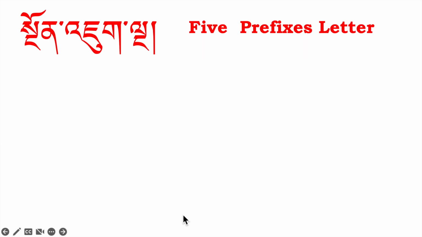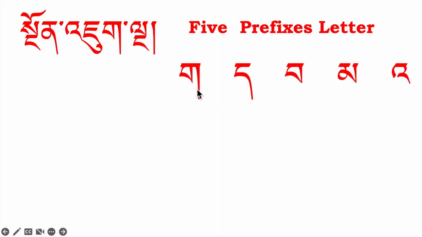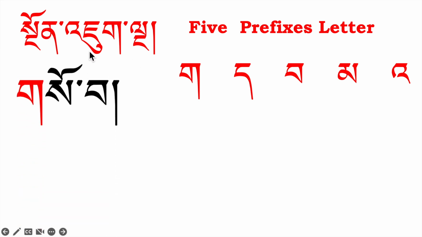Okay, let's start. Today we are going to learn ngunjuk nga, the 5 prefix letters, which are ka, ta, pa, ma, a. These 5 letters are called ngunjuk nga. Why is it called ngunjuk?